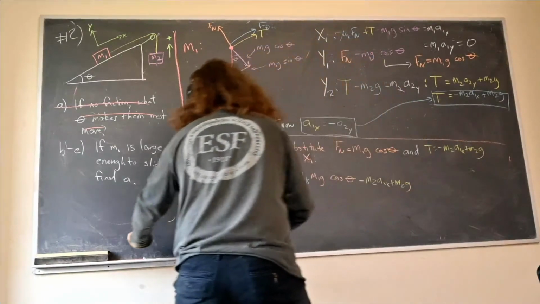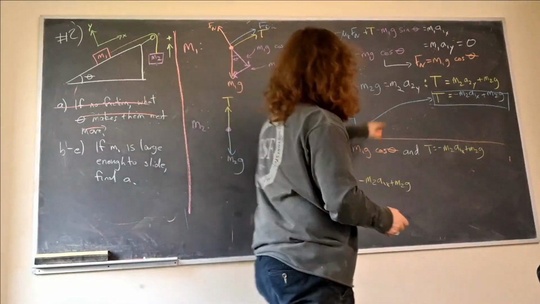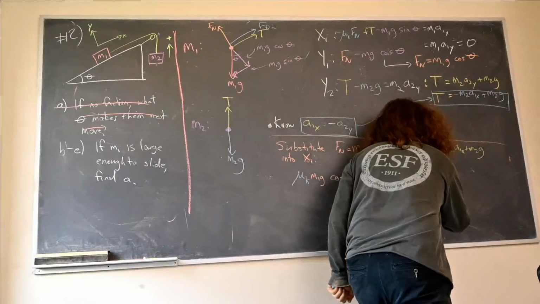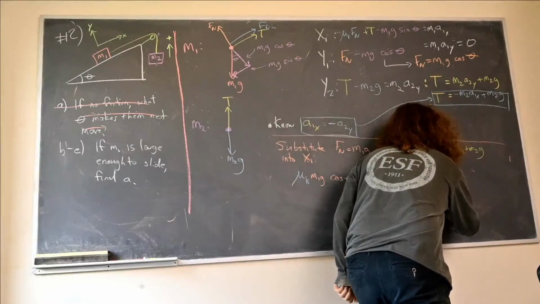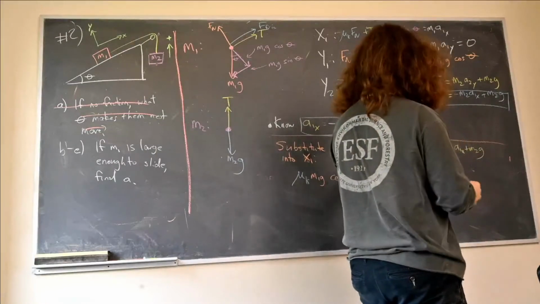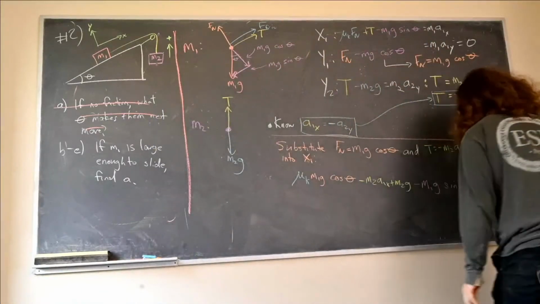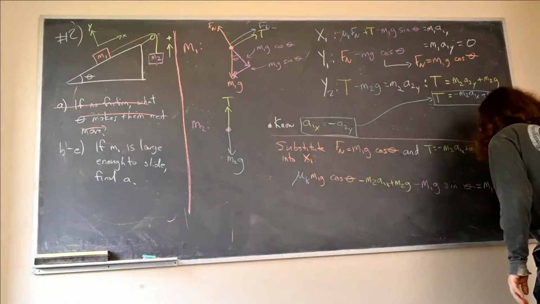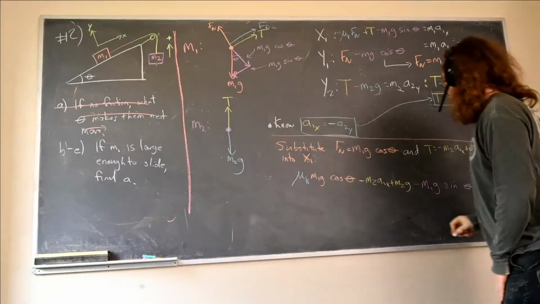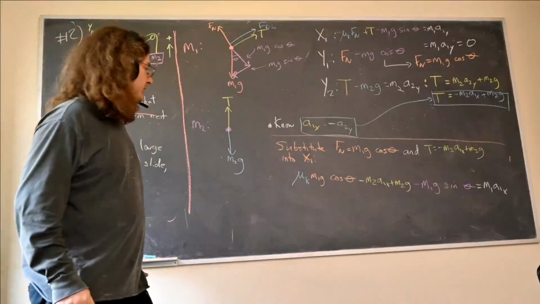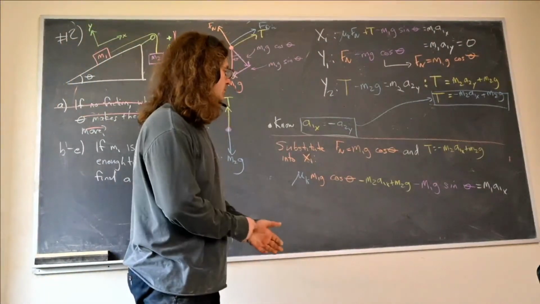I have the x component of gravity, this piece that's still there, so minus m1g sine theta equals m1a1x. Okay, so this is a big long equation, but we can figure out where all the pieces come from.